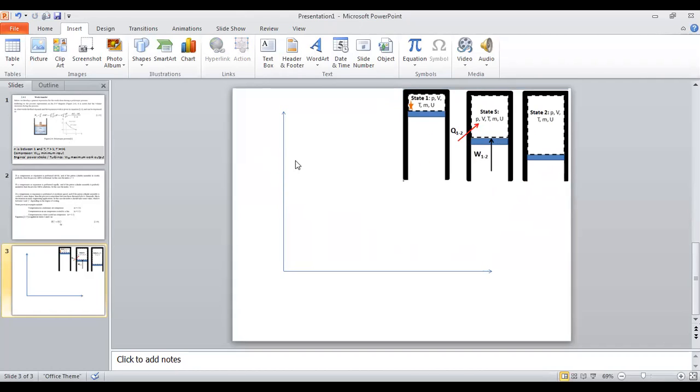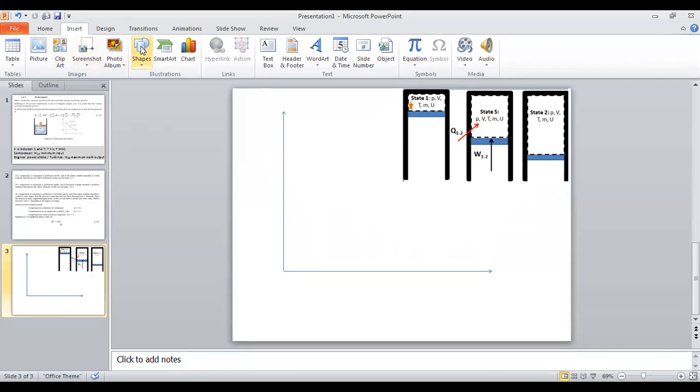1 to 2. So this is expansion, receiving some energy as heat transfer, and there is a work transfer, the work done. State 1 to 2.